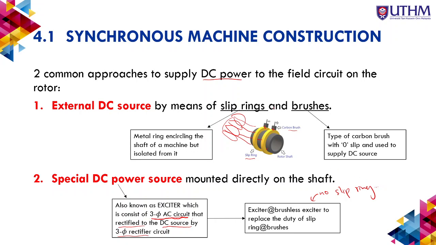This is an improvement, because by using a slip ring, for the long term, maybe the DC supply will be reduced, due to carbon wear and tear.